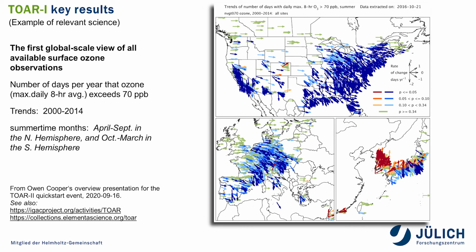And the color indicates the significance of these trends, so how certain these trends are. You can see pretty clear signals there in terms of where ozone has changed, and in which direction in the different regions. And the metric selected here is the number of days per year that ozone exceeds 70 parts per billion.